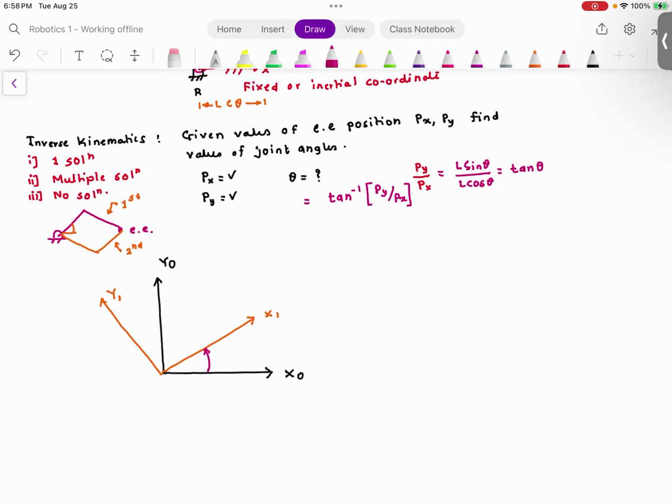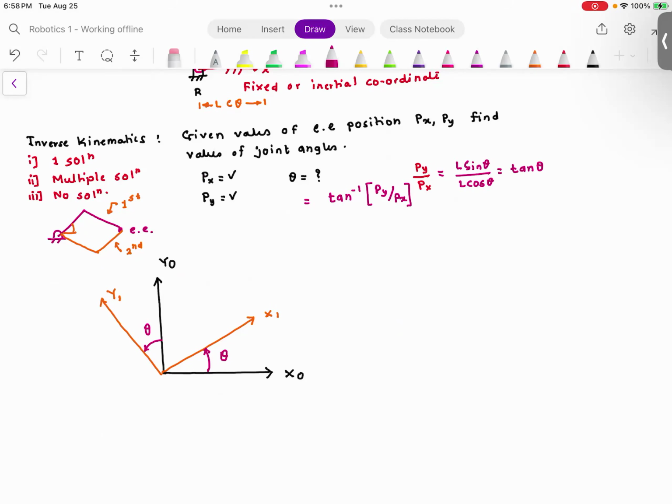Since x0 is perpendicular to y0 and x1 is perpendicular to y1, if this angle is theta, you agree with me that this angle is also theta, because x0 and y0, x1 and y1 are perpendicular to each other. Do you agree with me?